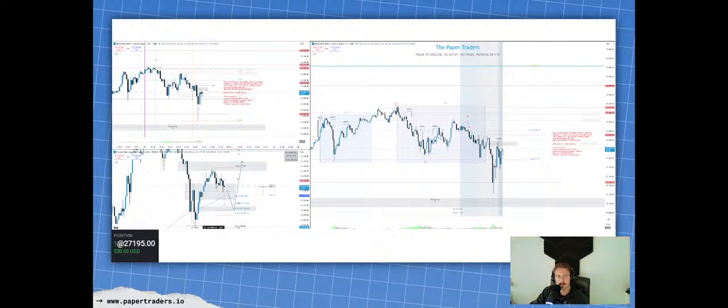One minute left in the candle. See where they want to take it.